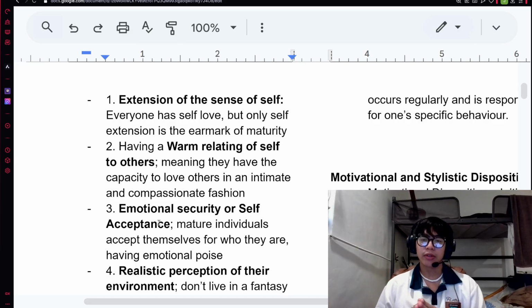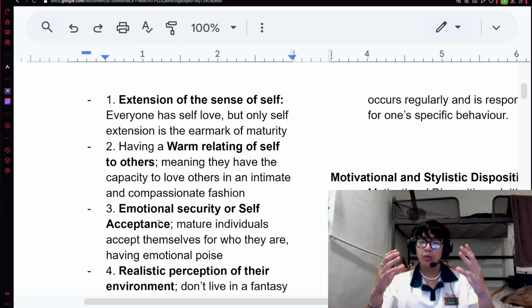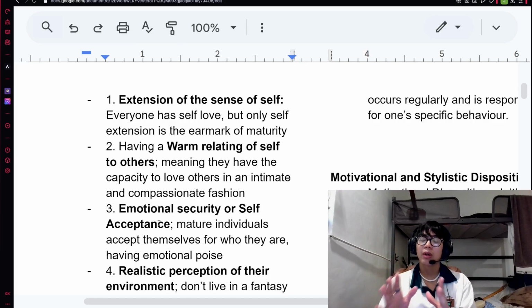Extension of the self basically means that you understand that you are not just you, but you are a part of something bigger, whether it be a family, a community, a country, a nation, whatever it may be. You have extended yourself to not only yourself but to others as well. So in a sense, you're part of something bigger.